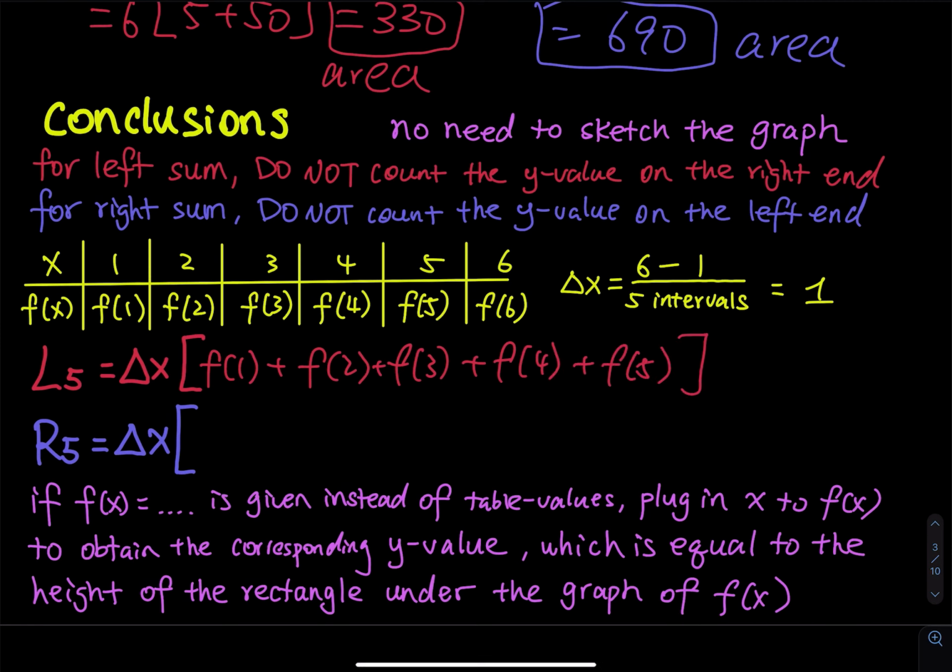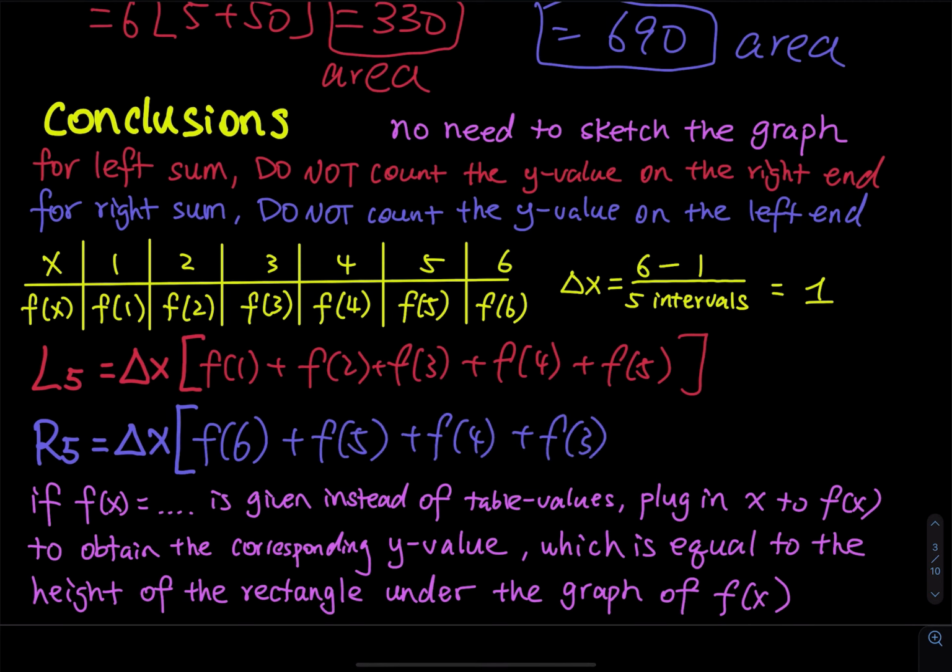And for the right sum, we will go from right to left, so from 6, and we go all the way and stop at 2. F of 5, f of 4, f of 3, and then f of 2. We do not take the last value because we already have 5 intervals, right? So we already have 5 intervals and 5 rectangles. There is no need to take the last one.